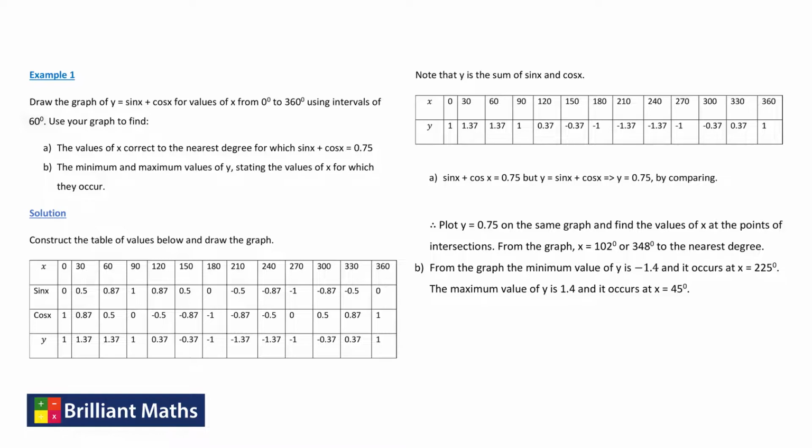Then use your graph to find, A, the values of x correct to the nearest degree for which sine x plus cos x is equal to 0.75. B, use your graph to find the minimum and maximum values of y, stating the values of x for which they occur.